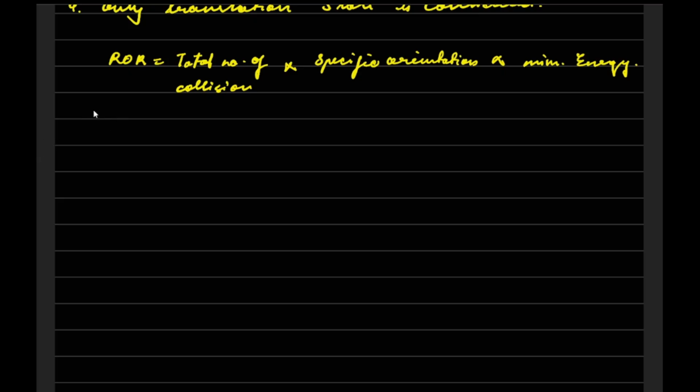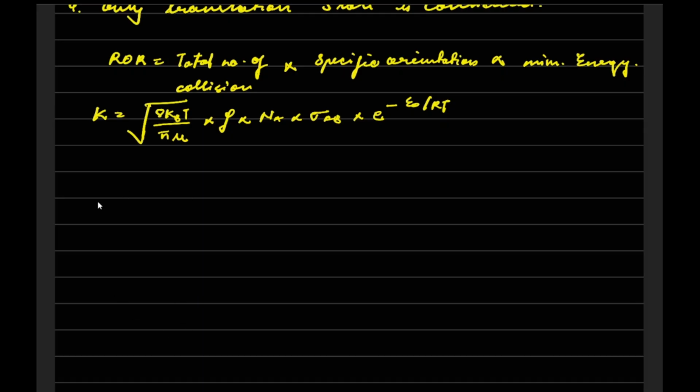So this is k is equal to root of 8 kBT upon pi mu, that is the total number of collisions, multiplied by rho, multiplied by NA into sigma AB into e to the power minus E naught by RT.